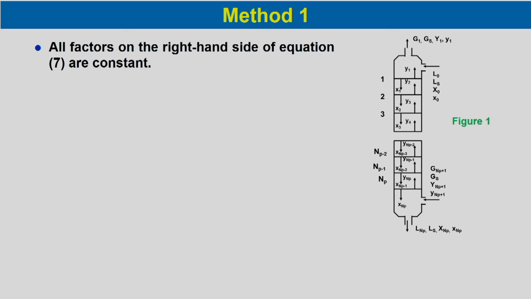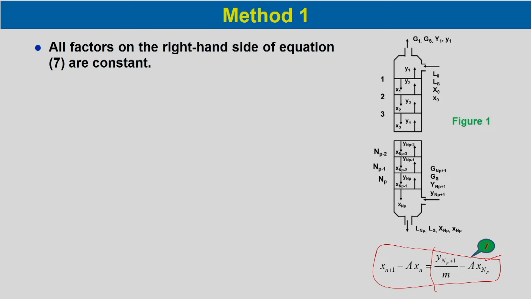Now, in these equations, all factors on the right hand side are constant, because y n p plus 1 is the entering concentration and x n p is the exiting concentration at the bottom. M is the Henry's constant for absorption.